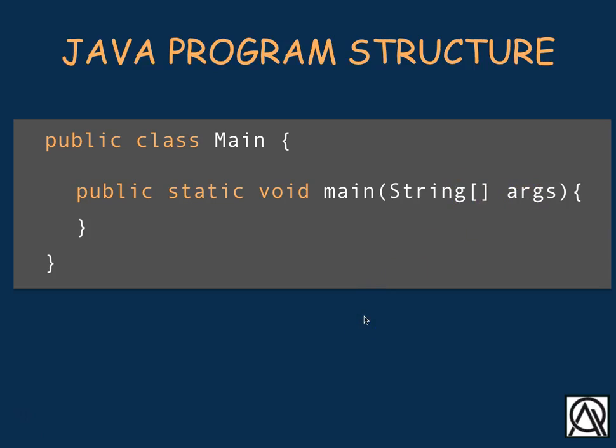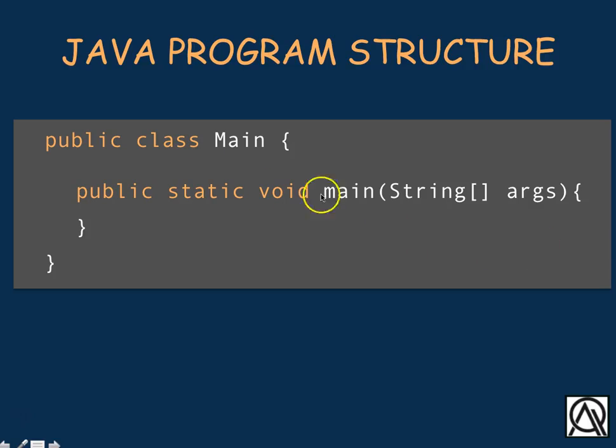These are some data that we can give to the method to work with. After that, we open the braces and close them for the main method. So the code that we write for our main program is written inside the braces of the main method. So this is a simple Java program. And when we create our first Java program, you'll see it looks exactly like this.